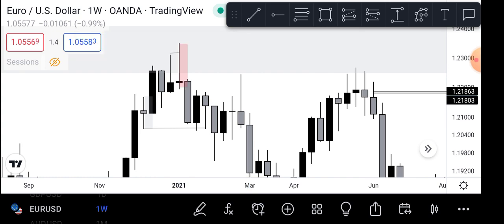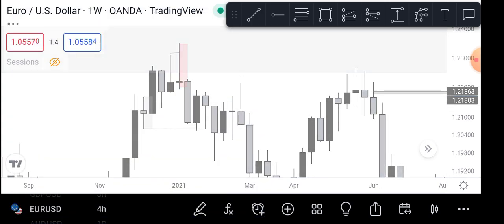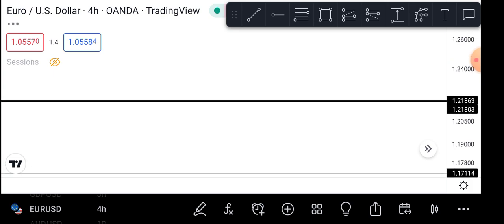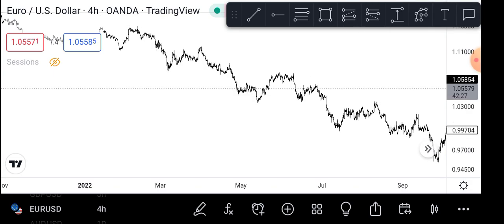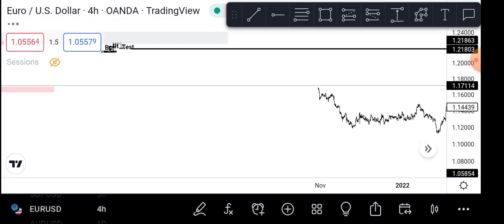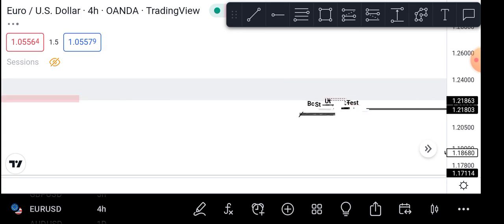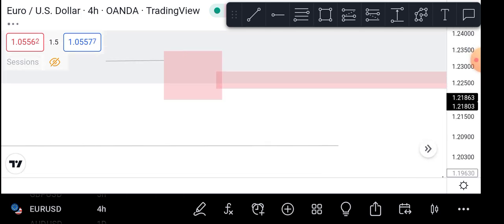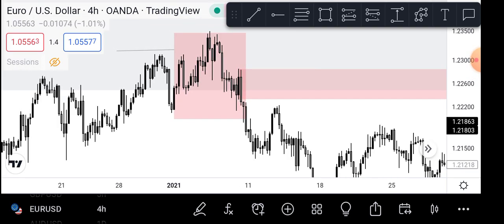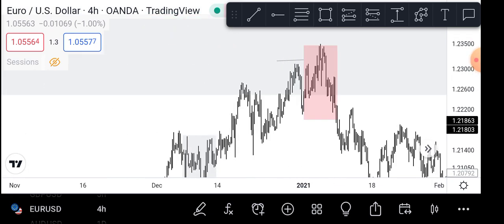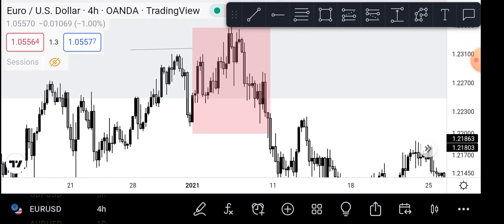If you go to the 4 hour time frame, where are the spots? At the 4 hour time frame, you can see this was the whole range foundation.